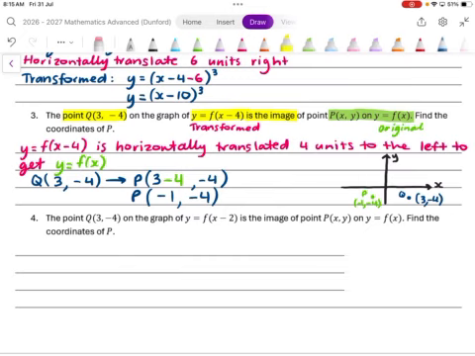We have our point P on y equals f of x. I want you to have a quick go at seeing if you can find the coordinates of P. I'll give you about a minute and then I'll start talking.